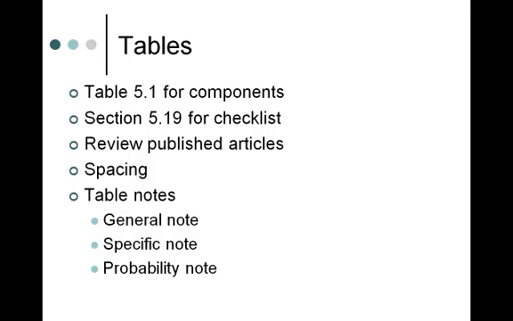And then you'll almost always have probability notes. These use symbols, usually asterisks, just by convention, to indicate the level of statistical significance. So at the bottom, 1 asterisk means it's significant at the 0.05 level, 2 asterisks means it's significant at the 0.01 level, 3 asterisks means it's significant at the 0.001 level.